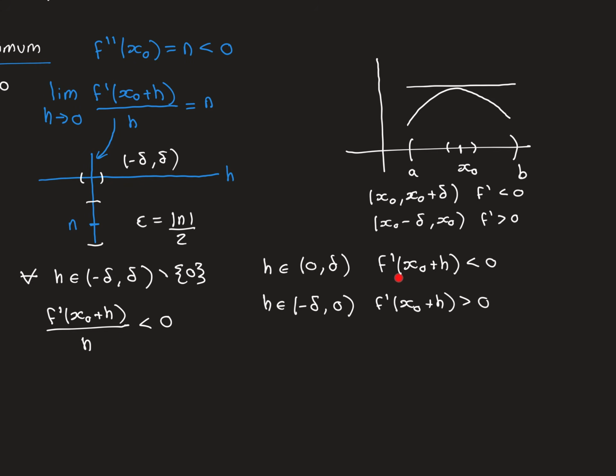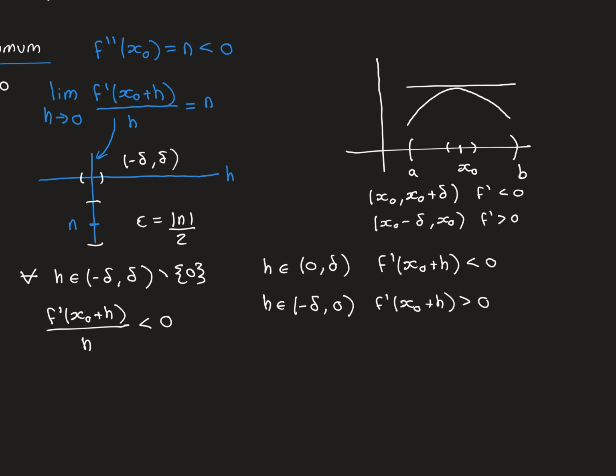And now what this says is that there is a delta interval around x0 such that if you look at the right part of the interval, from x0 to x0 plus delta, the value of the derivative of the function there is less than 0. That's what this translates into on this intuitive picture. So the h interval has been turned into this interval from x0 to x0 plus delta here.